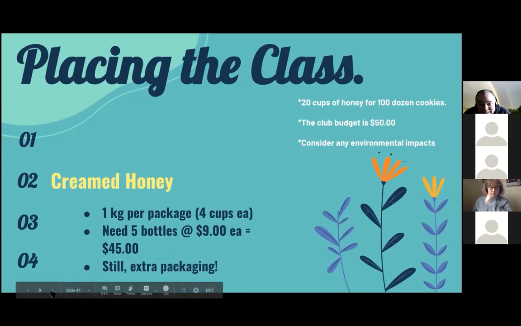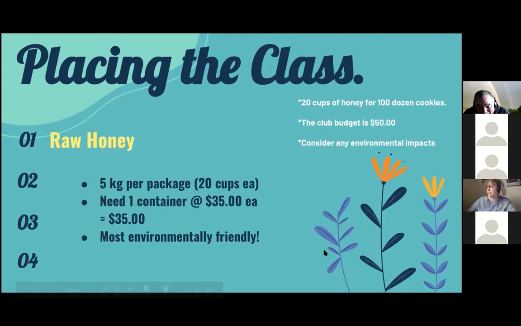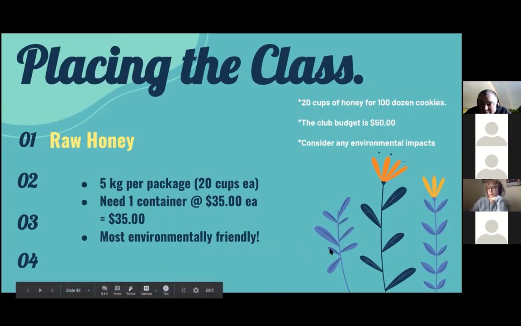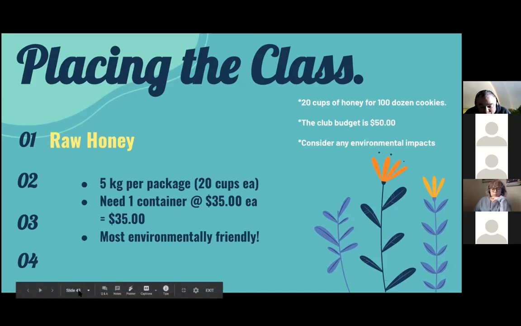Let's go to our last first place. The raw honey. The raw honey is the least expensive option and uses the least packaging and has the smallest environmental footprint. Obviously, at $35, it is the way to go. To make the most money from this class, raw honey would have to be in first place.